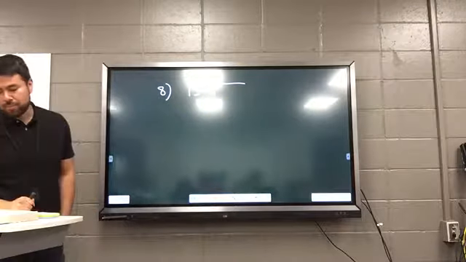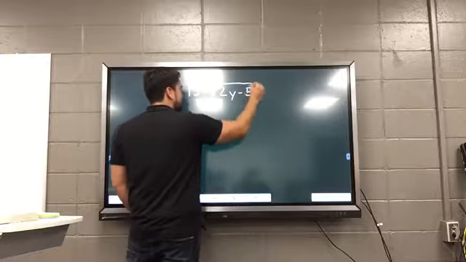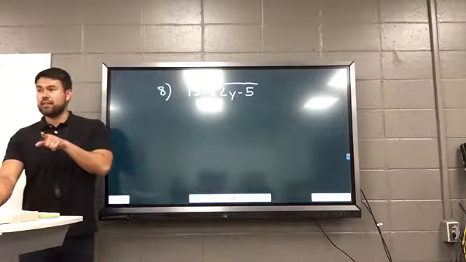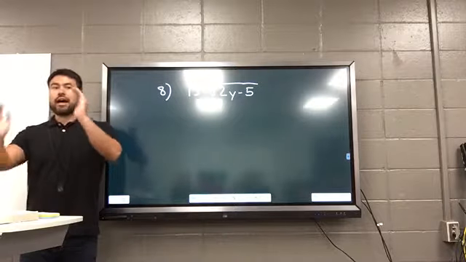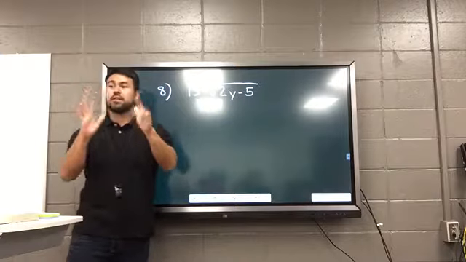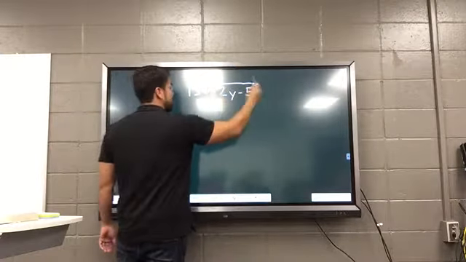On these problems, you want to make sure you do what first? You guys remember what my goal was? I want to isolate this radical all by itself. What undoes this square rooting? Squaring.